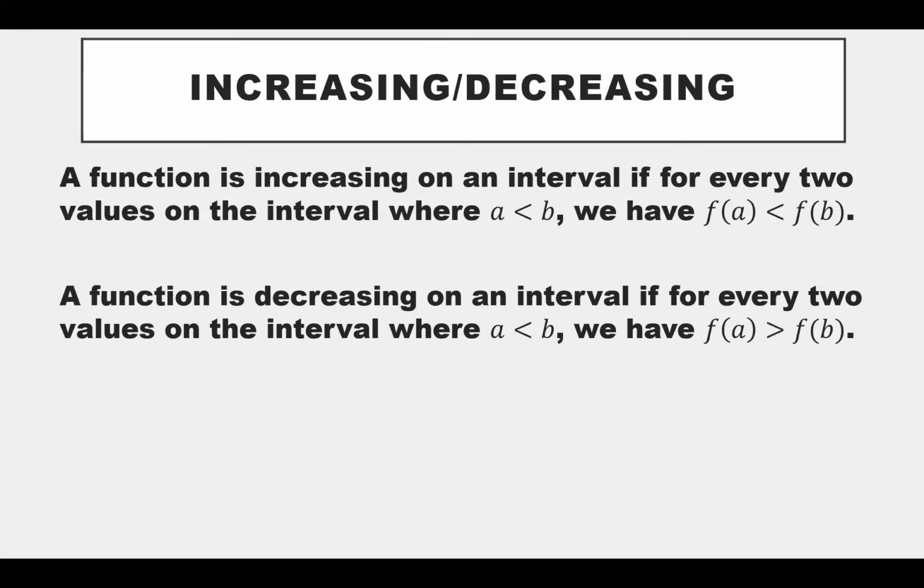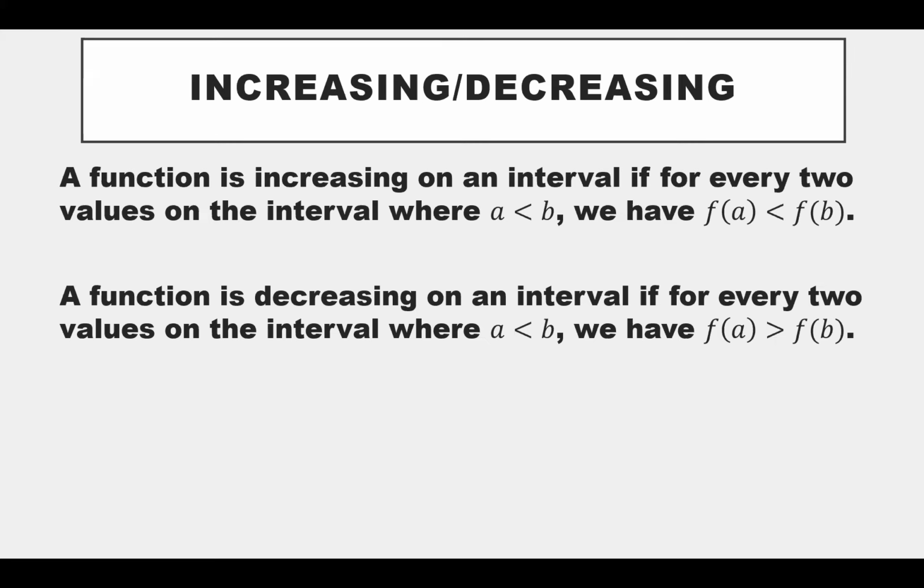The other way I said when I was describing the graph of talking about the function is the idea of movement. And the basic idea of movement consists of increasing or decreasing. Is our function increasing or decreasing? It could be constant as well. We'll mention constant in a moment.